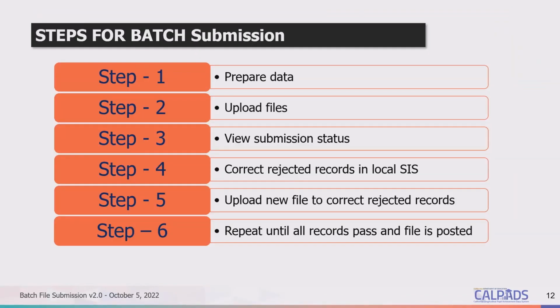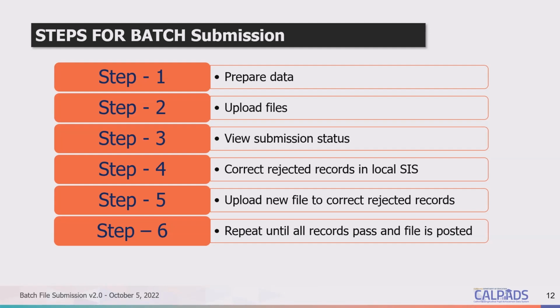So let's review the steps for a batch file submission. Step 1, you're going to prepare the data. That's populating the records in your student information system or your special education data system. Prior to submitting data to CALPADS, you have to make sure that the data is accurate in your local systems. Step 2, you need to extract the files from your local systems and upload those files to CALPADS.